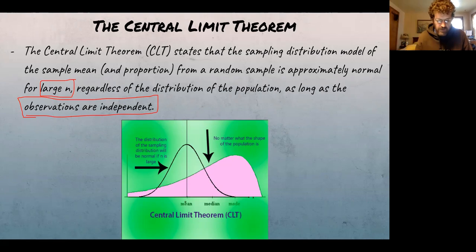Assuming those are met, here is the takeaway. Regardless of your population distribution, and here we have a skewed left distribution, if that's our population and we keep trying to get a sample mean over and over again, and we create a sampling distribution of the mean, the sampling distribution of the mean will be normal. So that's why we work with sampling distributions.